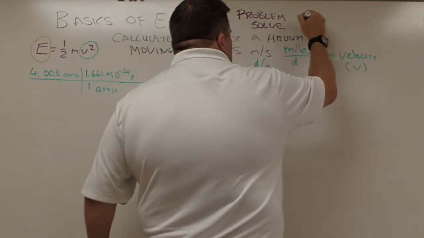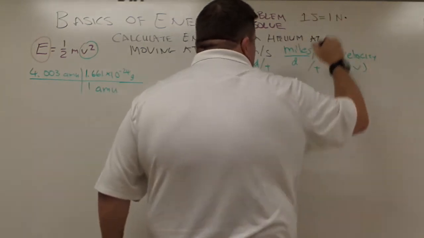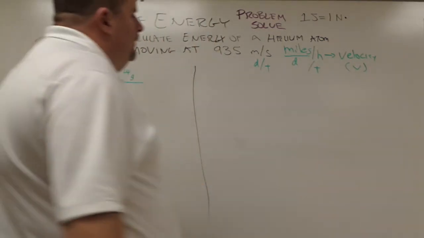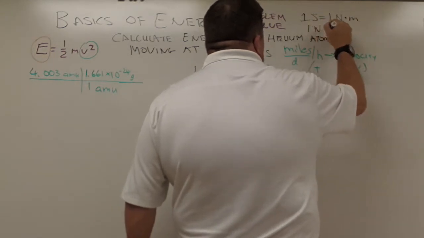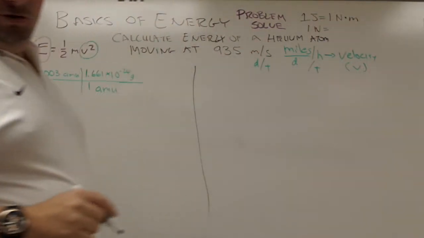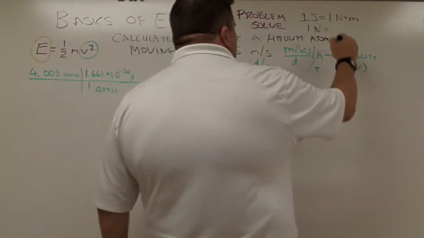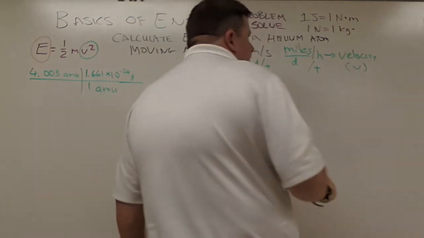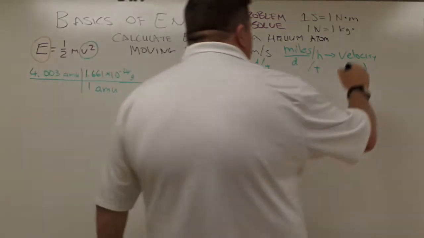so 1 joule is equal to 1 Newton times 1 meter, okay? And 1 Newton is equal to 1 kilogram times meter per second squared.